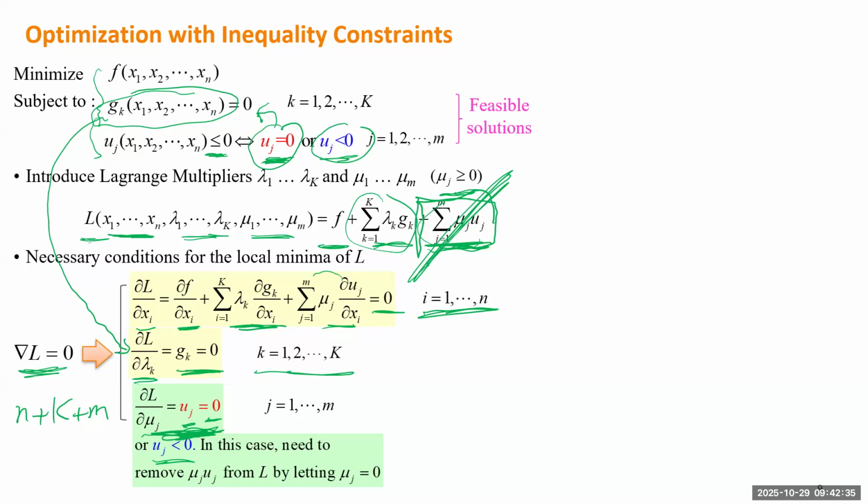If U is not 0, such a point is not a stationary point, so we need to cross off such an element from L, and only make sure the remaining dimensions have a 0 element in the gradient vector. So in this case, we don't need this multiplier mu. The mu can be 0. Okay, does everyone follow?